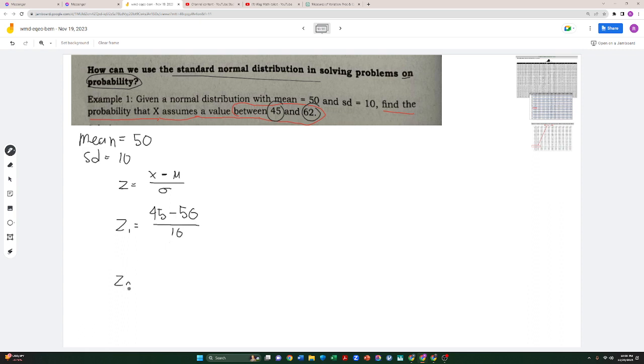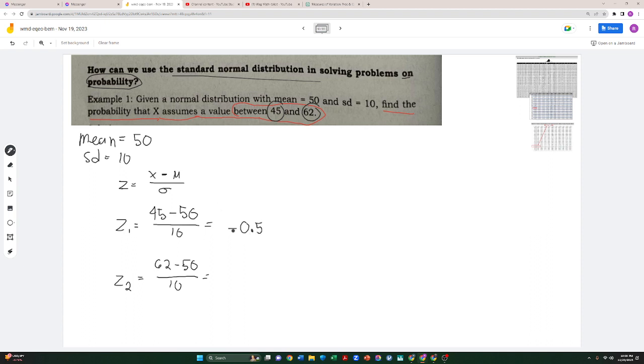And for z2, we have 62 minus 50 divided by 10. Use your calculator to solve this. 45 minus 50 is negative 5, divided by 10, the answer is negative 0.5.